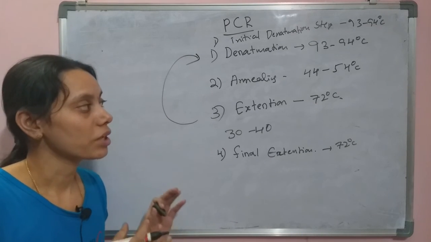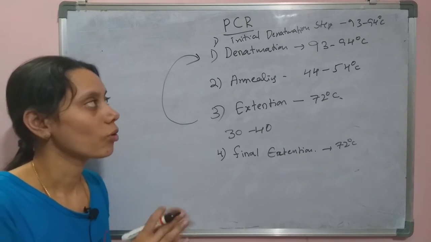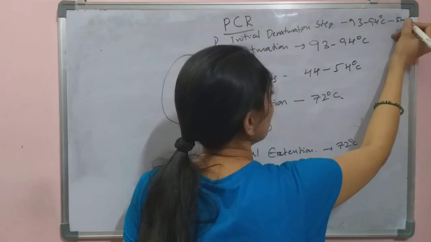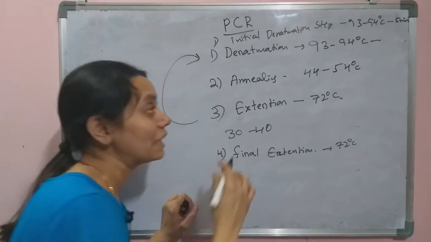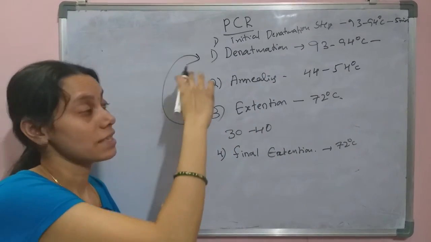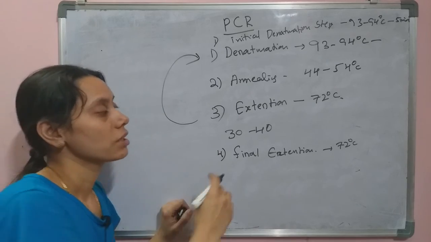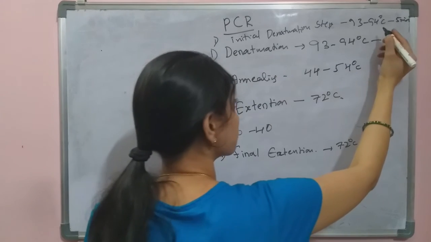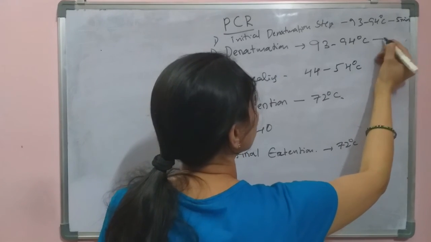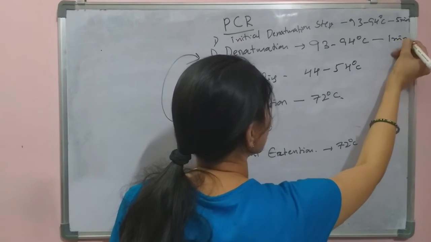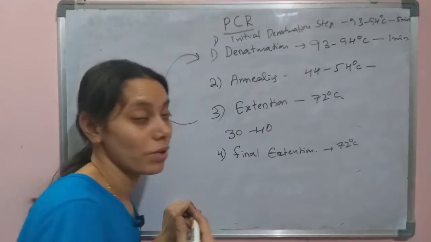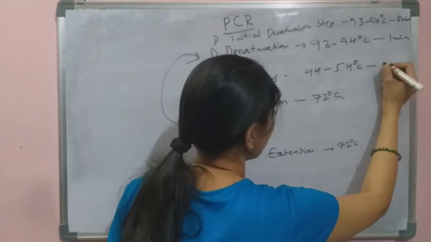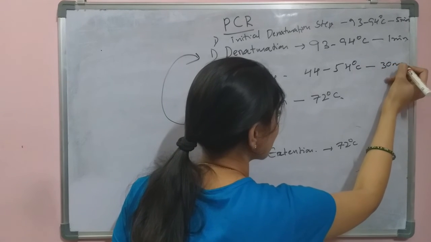And the time required for each step would be more or less similar: for initial denaturation we need 5 minutes, and for denaturation during the cycles we are going to fix the first step in the cycles at more or less 1 minute, and for primer annealing it requires a few seconds, some 30 seconds.